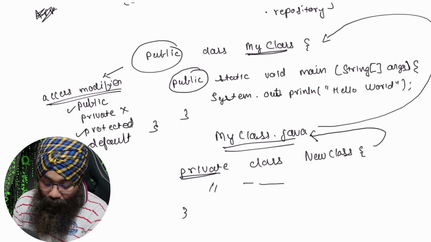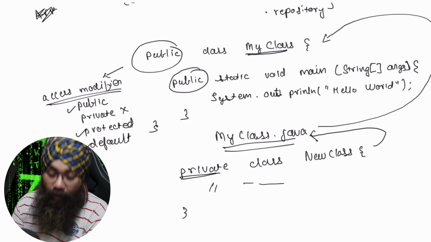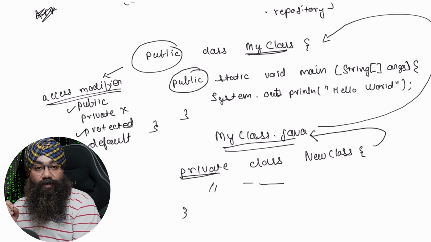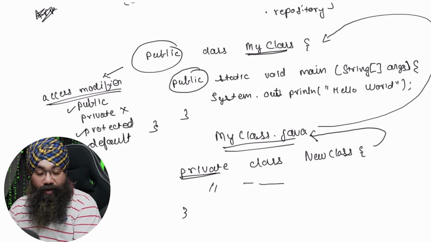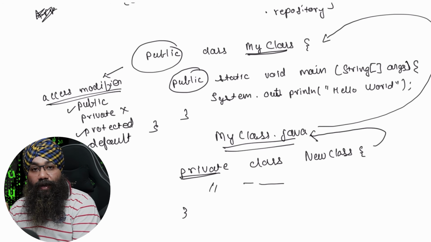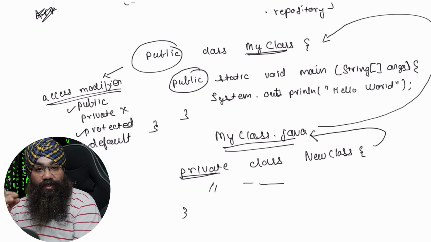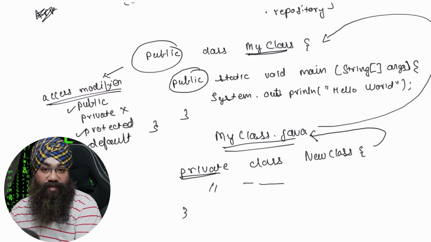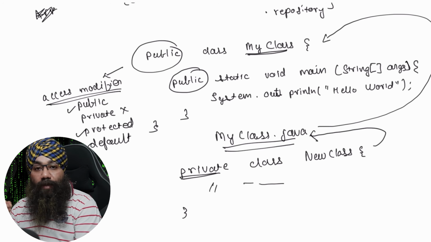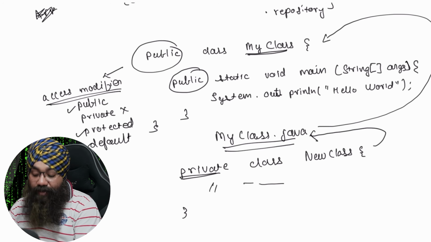So if it is public, it can be accessed through any package. If you create it protected, then whatever is there in this class can be accessed in the classes of the same package, plus some other classes which extend this class.